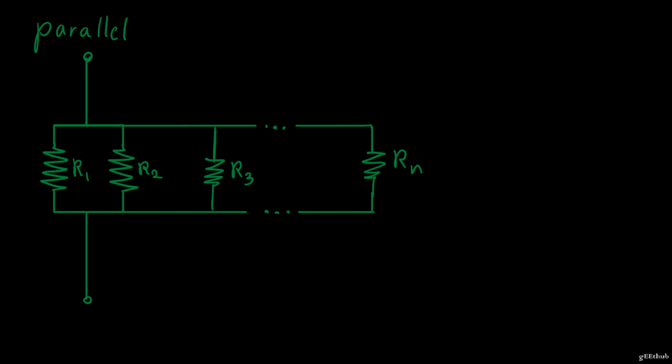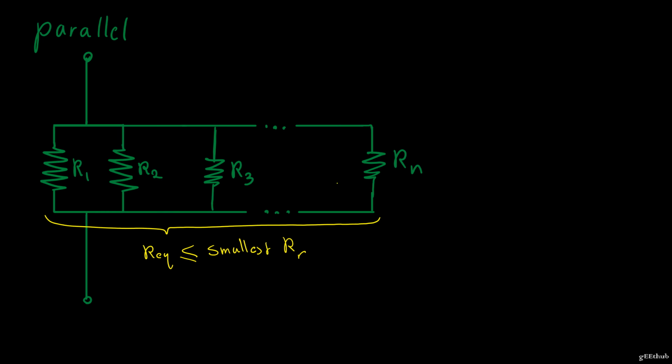Therefore, if I had n resistors in parallel, then my overall resistance of the circuit would have been smaller than or equivalent to the smallest R existing in the circuit.